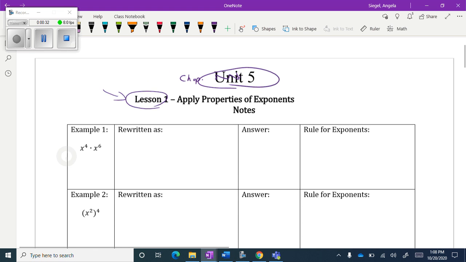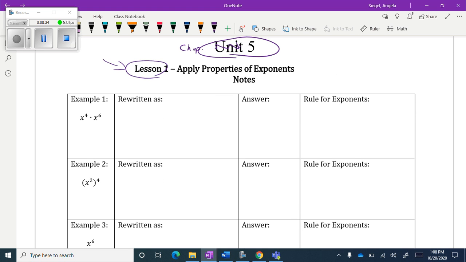I'm going to do the first one for you, and I want you to see how much of this you can fill out. If I have x to the fourth times x to the sixth, that is the same thing as this. Let's see, 1, 2, 3, 4, 5, 6.